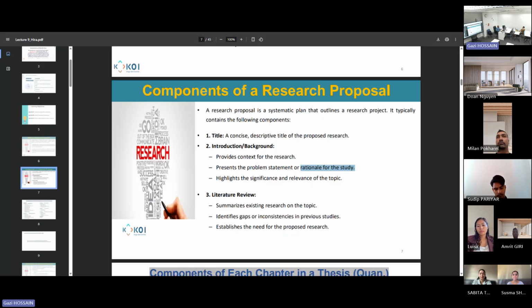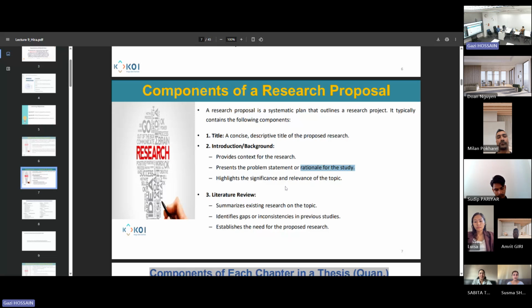For example, if you know why your employees are leaving your organization, then you can remove those causes, rectify them, and improve the situation. And when you improve it, your employees will not leave your organization. So this is the rationale of the study.